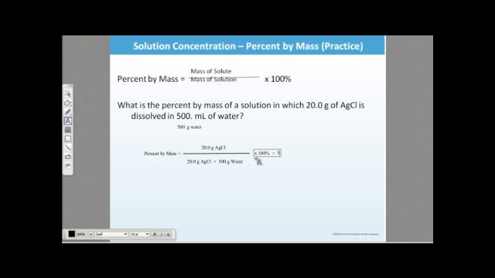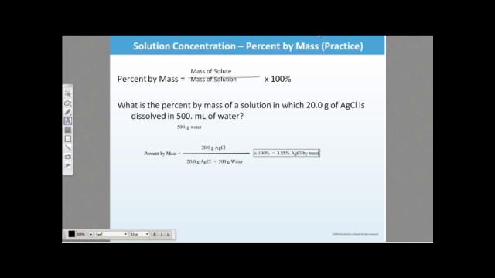And that will give us 3.85% AgCl by mass. Okay, so pretty straightforward process with the percent by mass calculations. Just make sure that when you're doing mass of solution, you're including both the solute and the solvent.